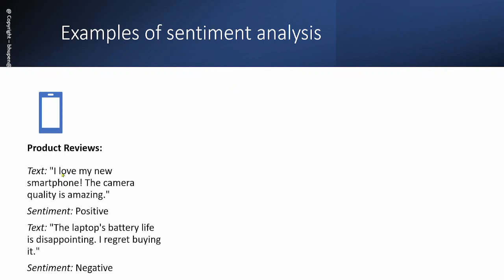Some examples of sentiment analysis, positive reviews. Let's say this is the text, I love my new smartphone, and obviously the sentiment is positive. How the model detects it is based on prior data. So we need to provide lots of prior data to the machine learning model in order for it to classify this new text as positive. Quite essential for e-commerce platforms, where the need is to analyze product reviews.